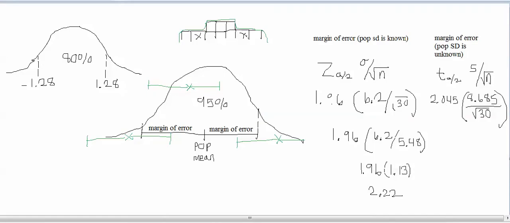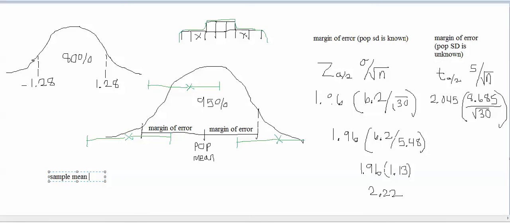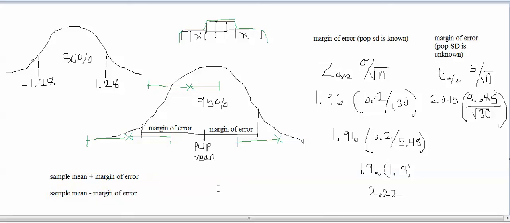What you can do now is do this: sample mean plus margin of error, and then also subtract the margin of error from the sample mean, and you'll get two answers. This will be the lower end of your confidence interval. This will be the higher end of your confidence interval.